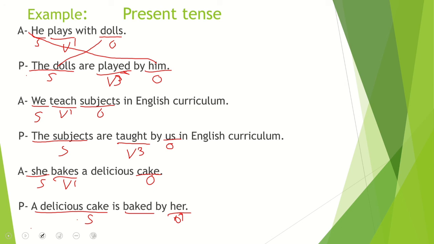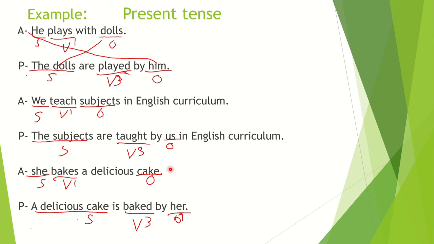And baked, which is in the third form of the verb, that is past participle. So a delicious cake is, because our subject is singular. She is the singular subject, and cake is also singular.